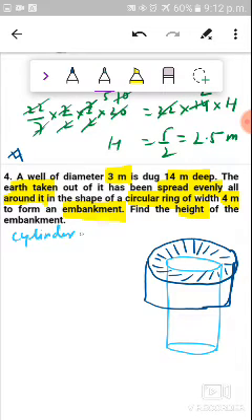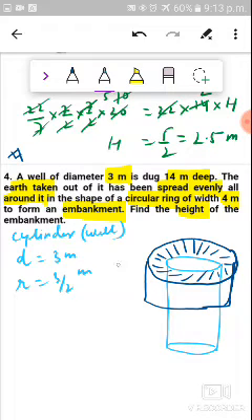For this, the diameter is given as 3 meter, so the radius of this cylindrical well is 3 by 2 meter. And the depth is given as 14 meter, so we'll take the height of this cylinder as 14 meter. We are talking about this well.